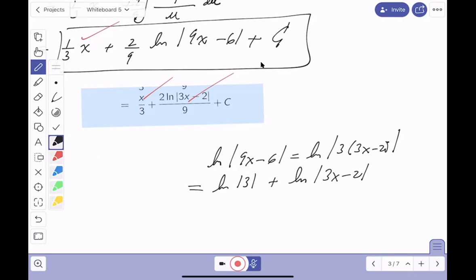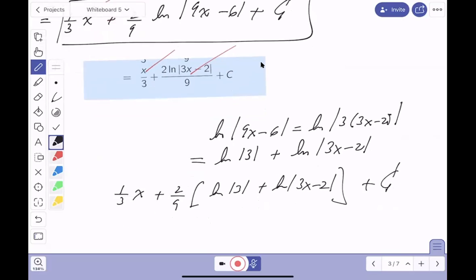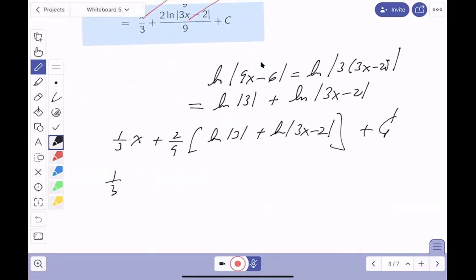And what would I do over here? I would say that 1/3 of an x plus 2/9 times ln 3 plus ln 3x minus 2, plus c. And someone's going to say, well, I'm starting to see it now. It's 1/3 of an x plus 2/9 ln 3x minus 2, absolute value, by the way.